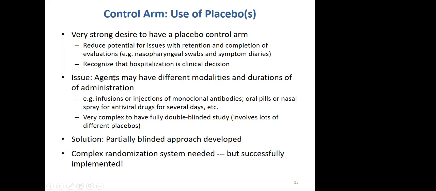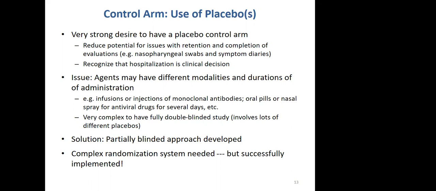So there was concern about the potential for subjective biases if a placebo wasn't incorporated into the study. So this raises quite a difficult issue when you've got agents which are administered through different modalities.